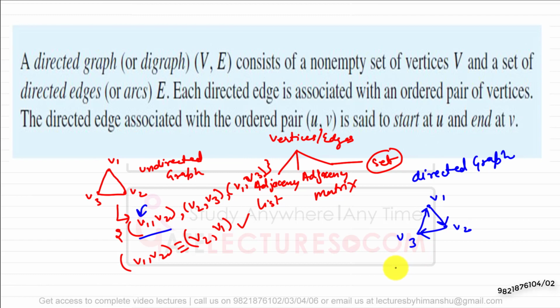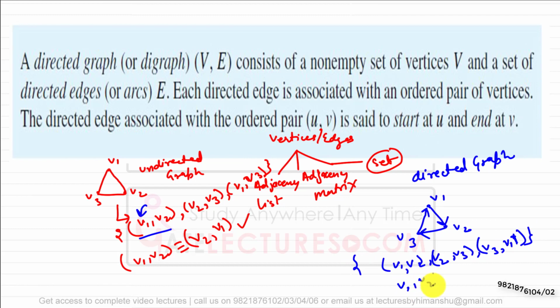We can have v1 comma v2, v2 comma v3, v3 comma v1, but it does not mean that v1 comma v2 is equivalent to v2 comma v1, because when I say v2 comma v1, that means there is a directed edge from v2 to v1.